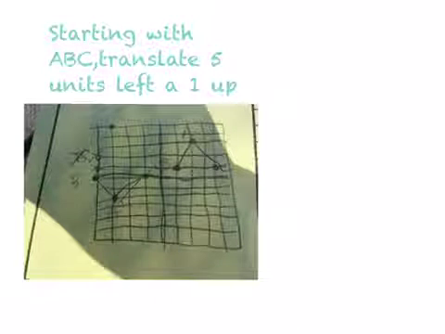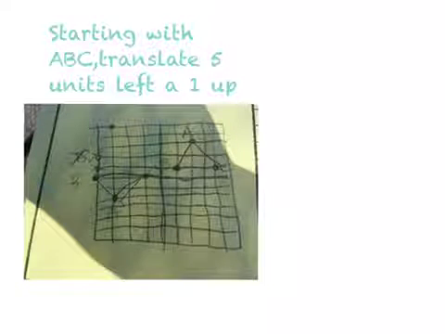this is an example of translation. It says, starting with ABC, translate 5 units left and 1 unit up. You have to try translating it without moving the paper, like I said. Sorry about the X's, but I messed up on those. If you see A, B, and C, you have to move each one 5 units to the left and 1 unit up.